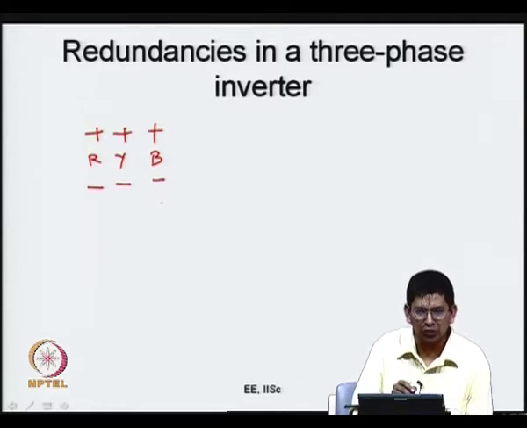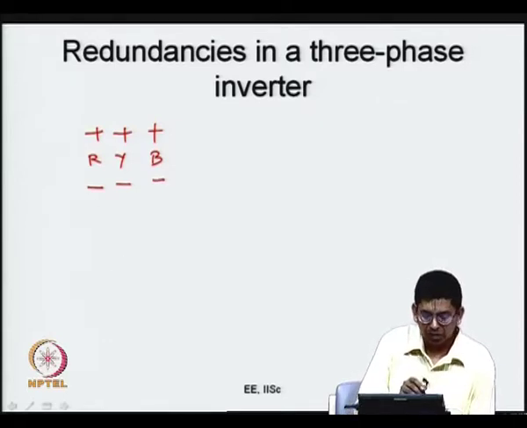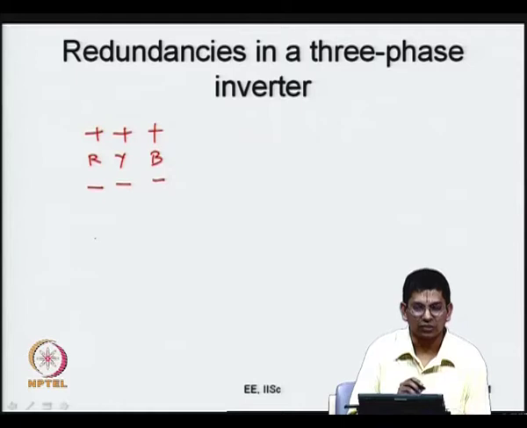These two are the same as far as the load is concerned, but as far as the inverter is concerned, it makes a lot of difference now. Here the top devices are on, here the bottom devices are on. So, in the first case, the top devices are going to be suffering loss on account of conduction. In the second case, the bottom devices are going to be suffering loss on account of conduction now.